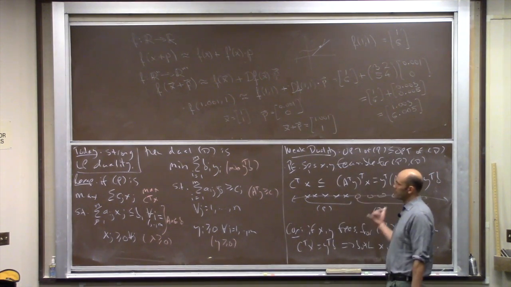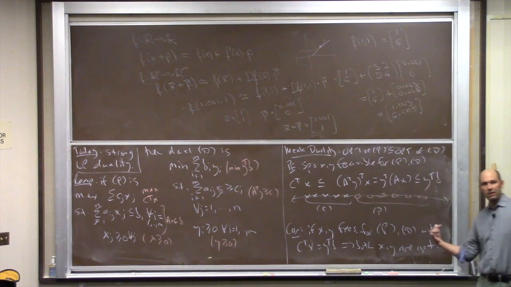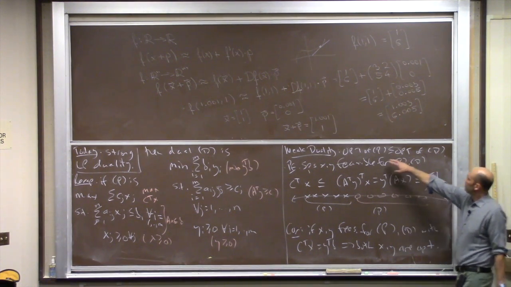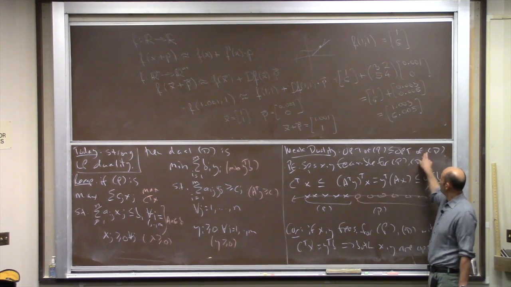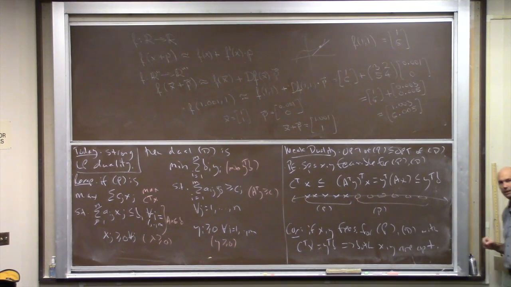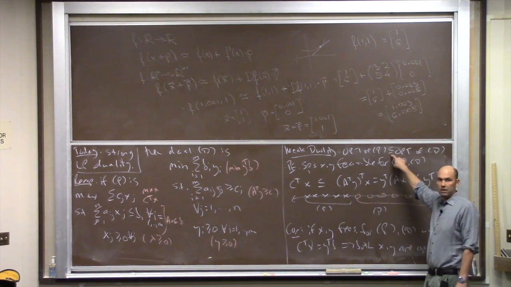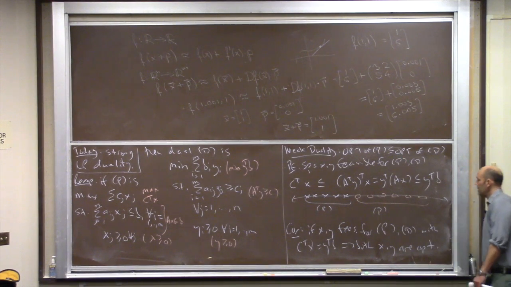That holds in particular for the optimal solutions to the primal and the dual, from which we can conclude that the optimal solution of the primal is at most the optimal solution of the dual. If the primal is a minimization linear program rather than maximization, then this inequality goes the other direction.